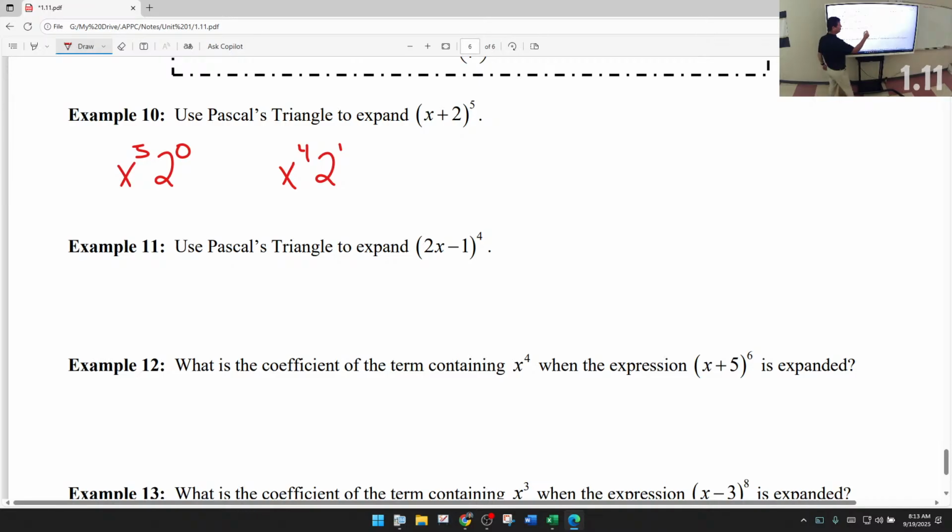So we're going to go x cubed, and then 2 squared. Your exponents should add up to 5. 4, 1, 3, 2. Now I'm going to go 2, 3.